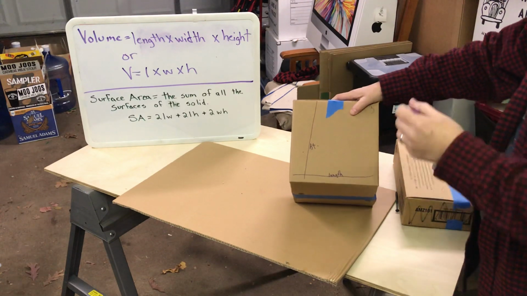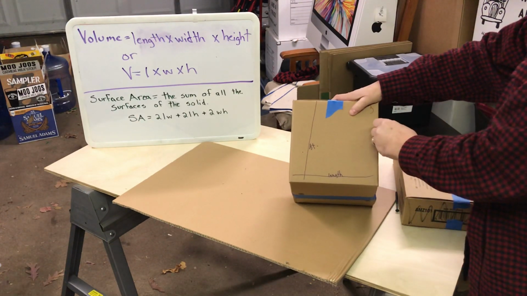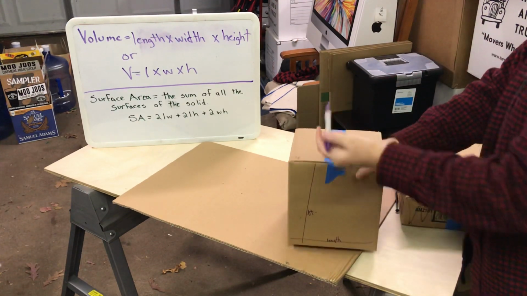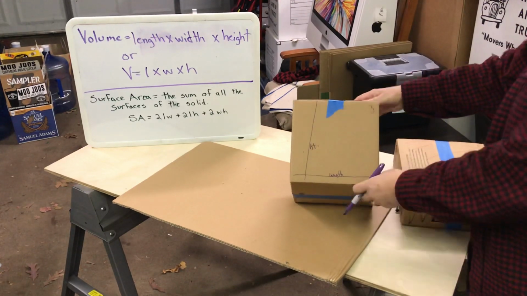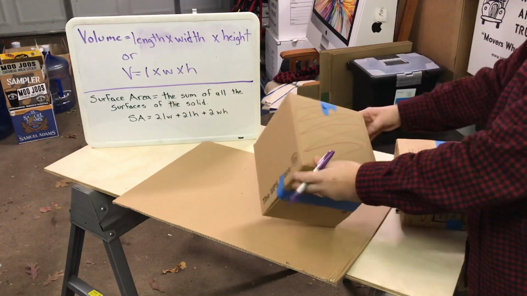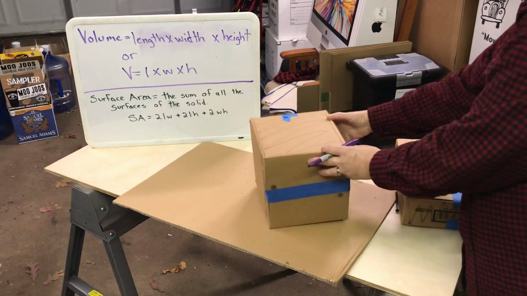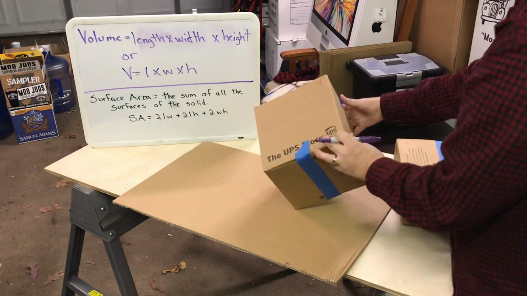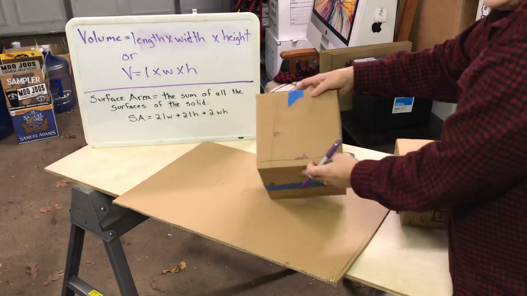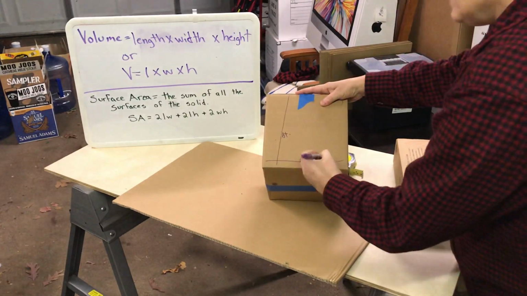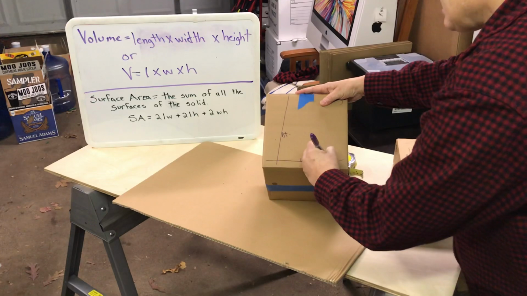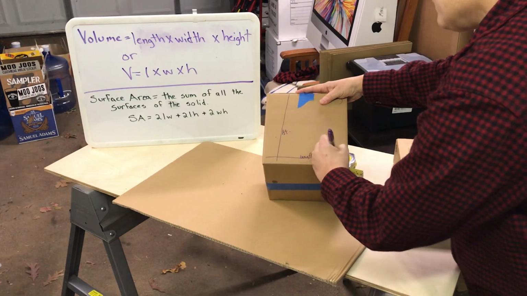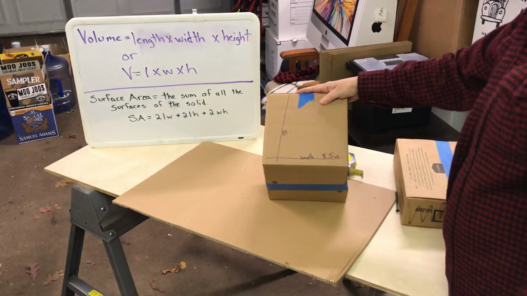So you can either take it from the side on this with the square, or you can take it from the top. So in this case, when we looked at our square, if you remember, we said our square had a length of 8.5 inches.